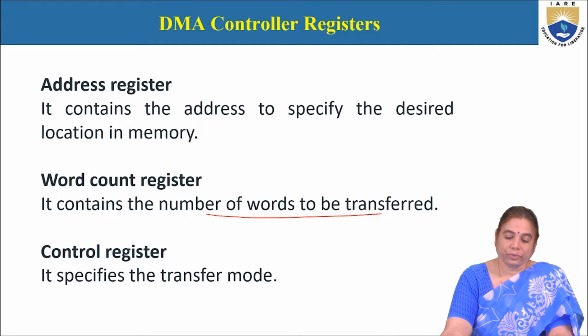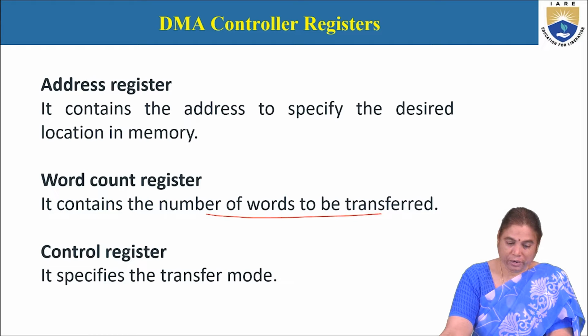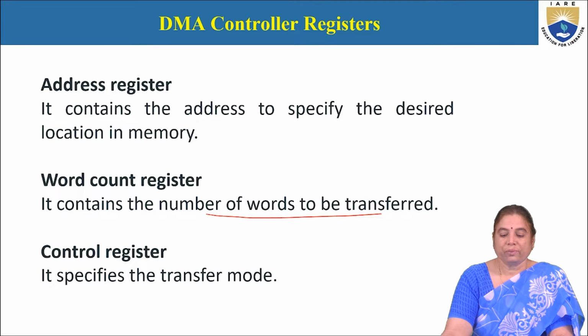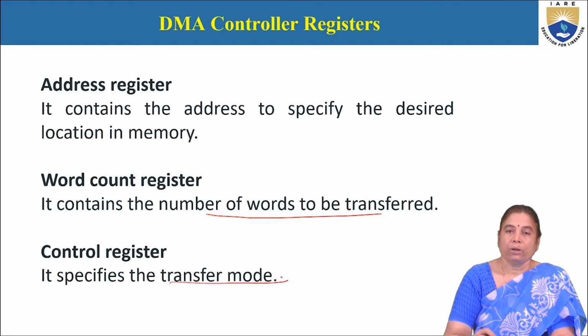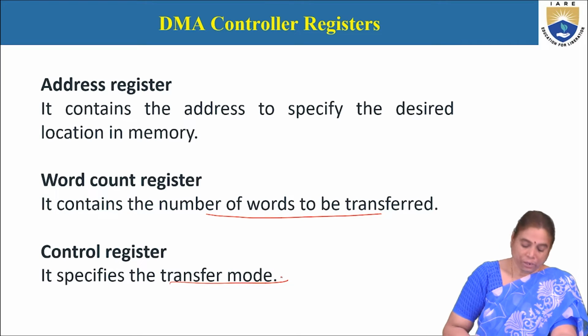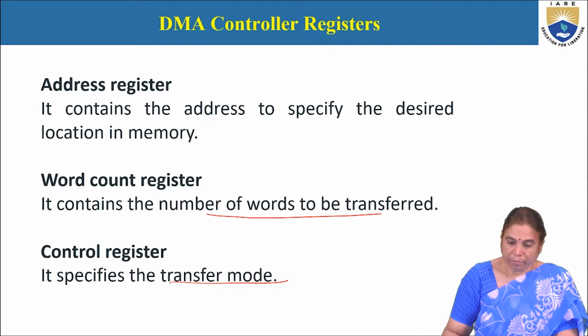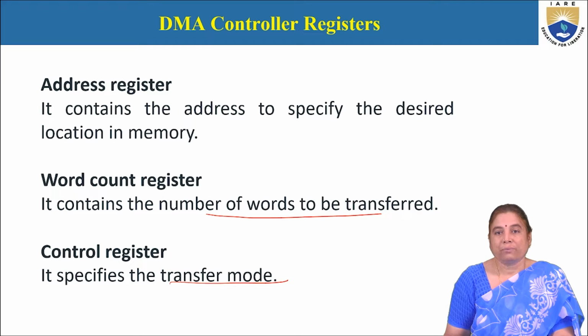The next register is the control register. The control register specifies the transfer mode, whether a read operation or write operation is to be performed. So with the help of these 3 registers, the DMA input-output operation can take place.